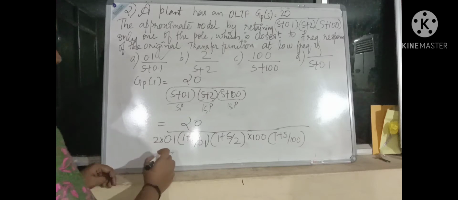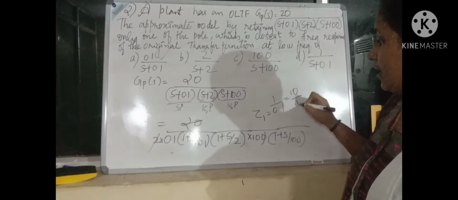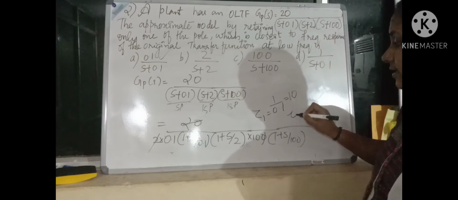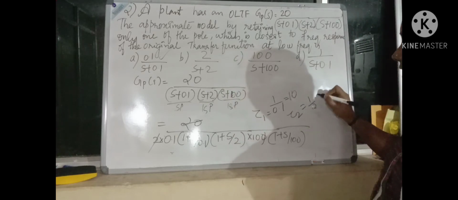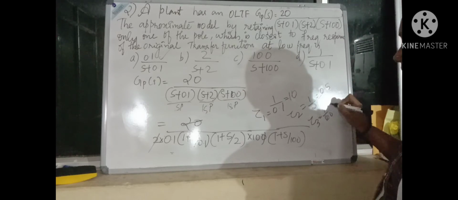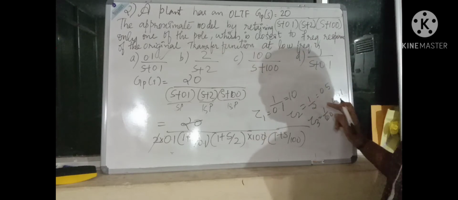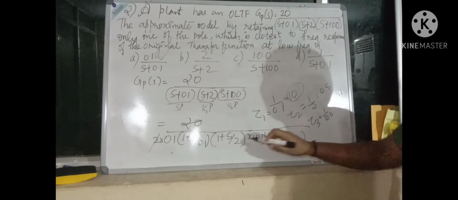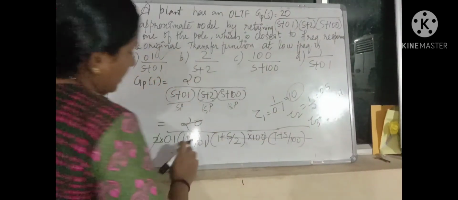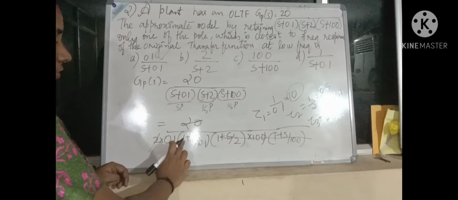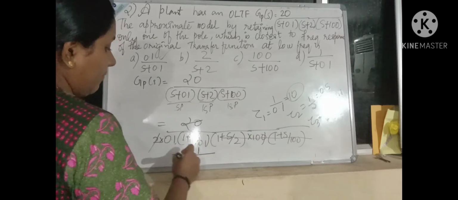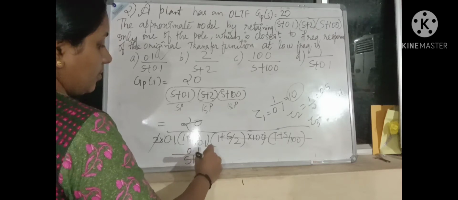We get the answer as 2 into 10 by 1, that is 10. Time constant 2, that is 1 by 2, that is 0.5. Time constant 3, that is 1 by 100, that will be equal to 0.01. Which is greater? This one is the greater one. Others are eliminated. So we can easily find out the value, 0.1 divided by S plus 0.1.